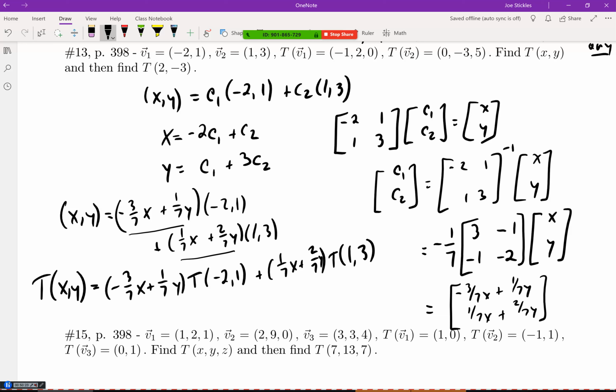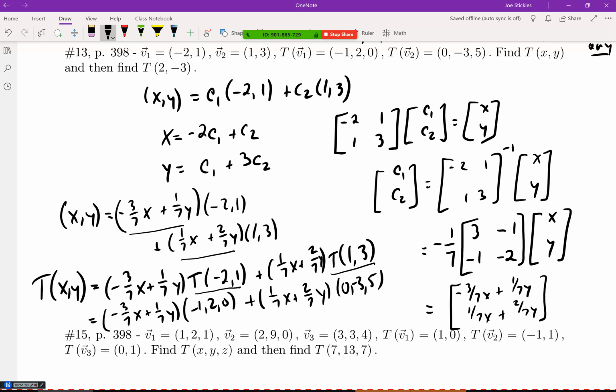And now you know these pieces. You know what the transformation is applied to (-2, 1), and you know what the transformation is applied to (1, 3). So just to write that down relatively quickly, I would have that first constant multiplied by the (-1, 2, 0), and the second constant multiplied by the (0, 3, -5), or (-3, 5), sorry.